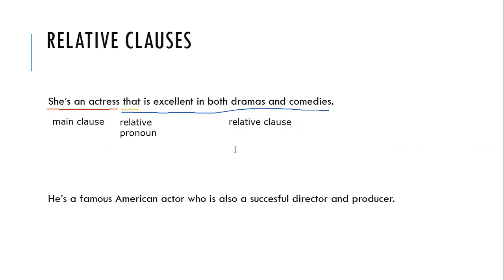So we have the sentence, she is an actress that is excellent in both dramas and comedies. And it's formed by three parts. As I said, the main clause in red, she is an actress. The relative pronoun, which is that, and the relative clause, which goes from the relative pronoun to the end of the sentence.